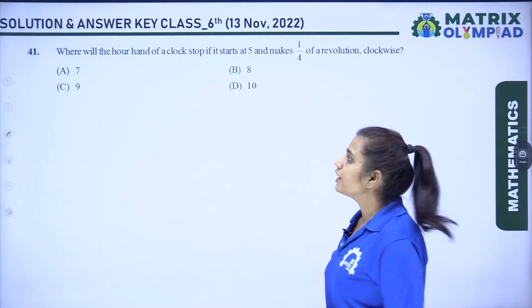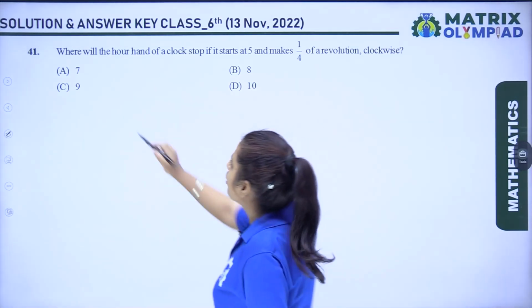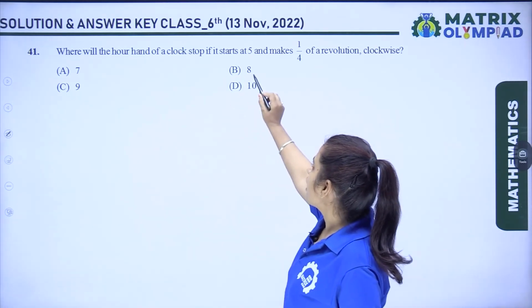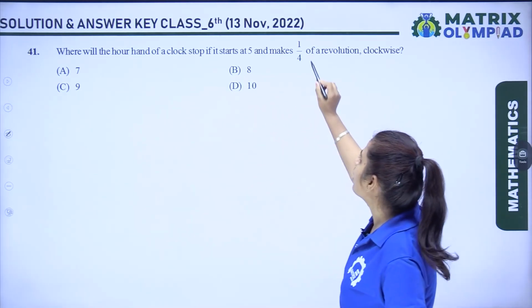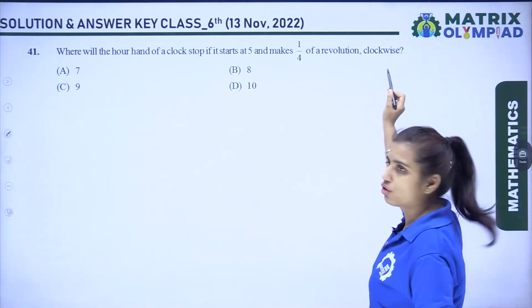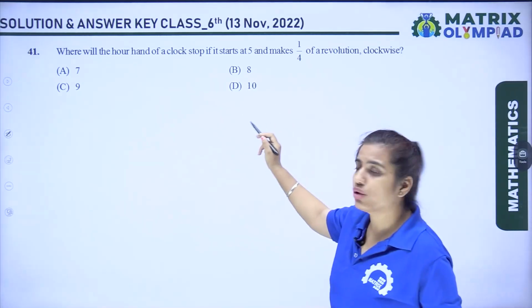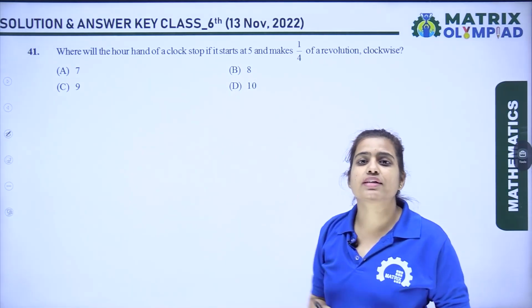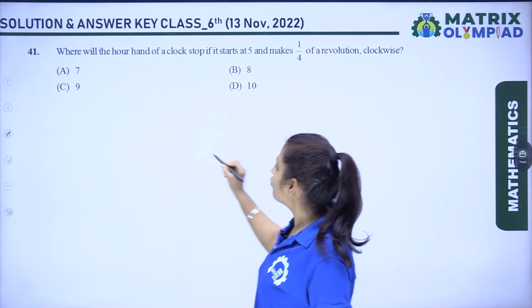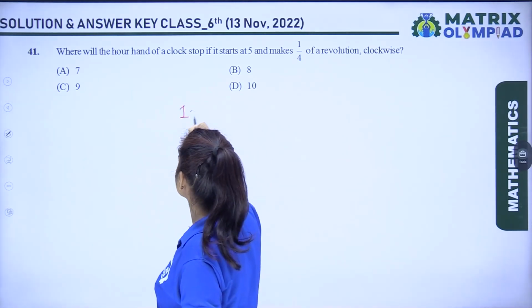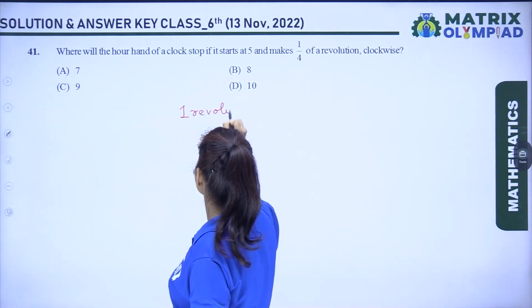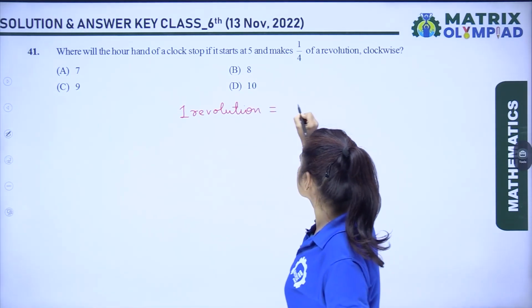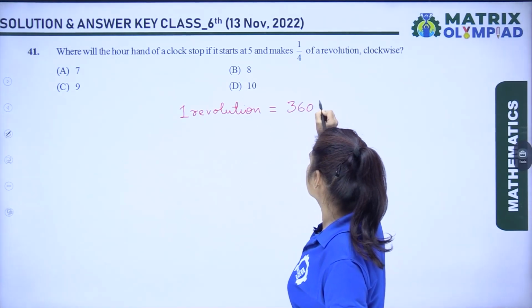Now the next question is question number 41. Where will the hour hand of a clock stop if it starts at 5 and makes 1/4 of a revolution clockwise? Now we have to find out where the hour hand of a clock stops if it starts at 5. Now we know that one revolution is equal to 360 degrees.